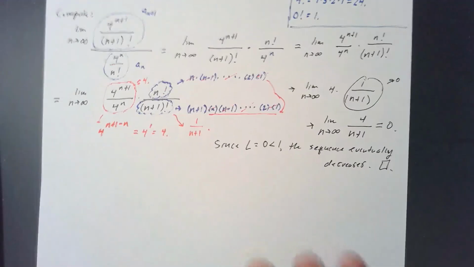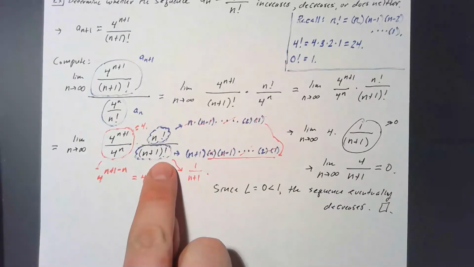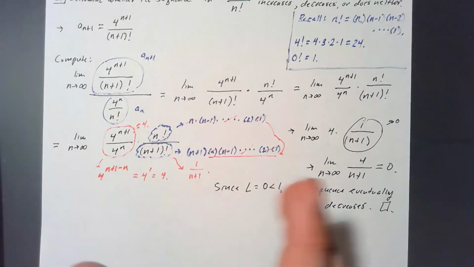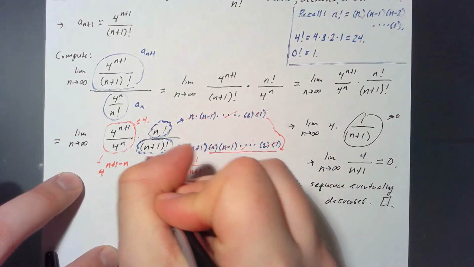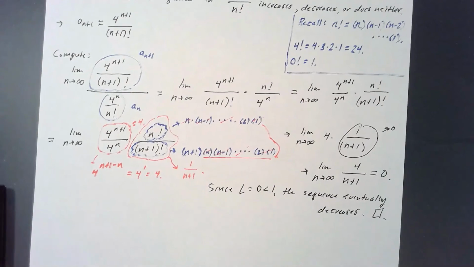Ta-da! This is the trickiest part here, but as long as you look at the terms one by one and see how they cancel out with the common terms, it's really not that bad.